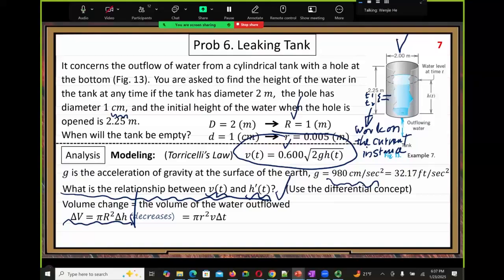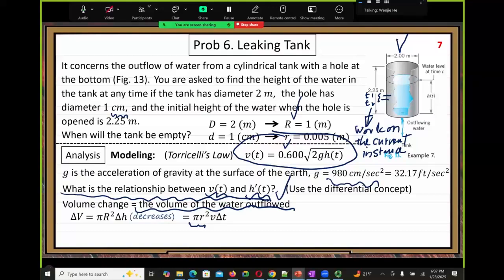So here I rewrite, because this is the volume of water outflowed. How do we represent it? Pi little r squared, the area of that small hole, is the base of that cylinder.